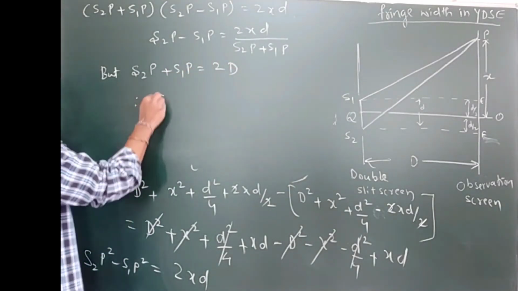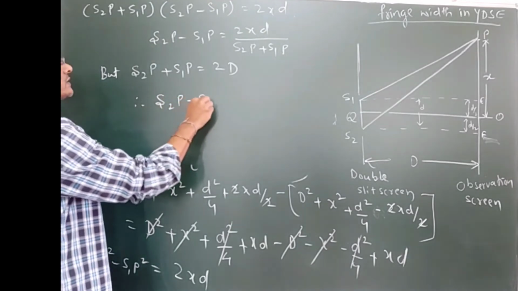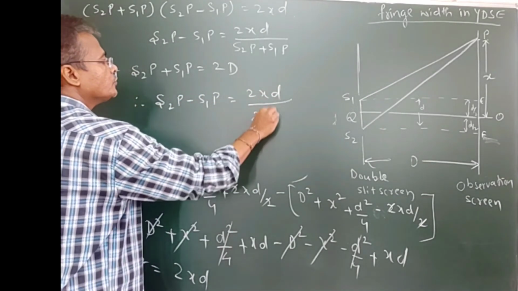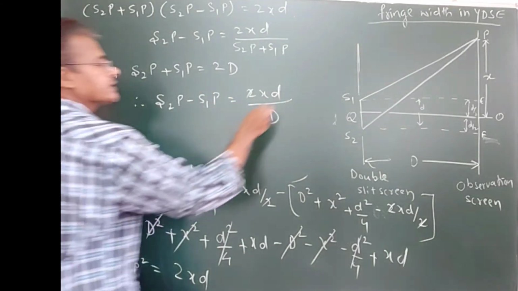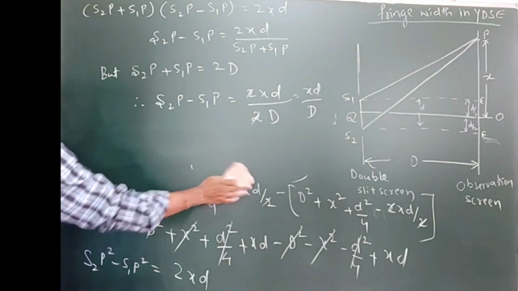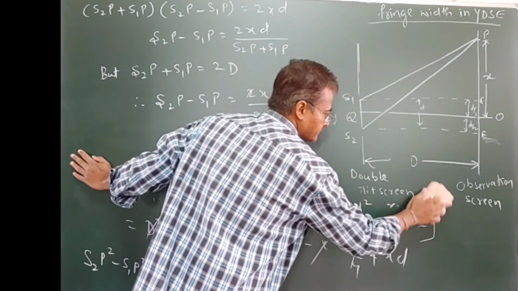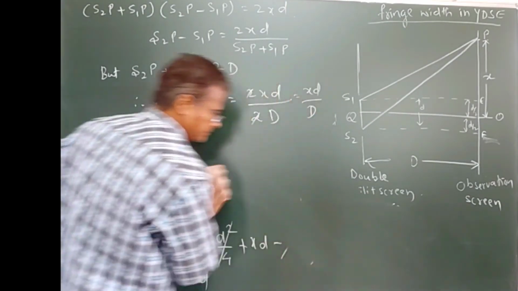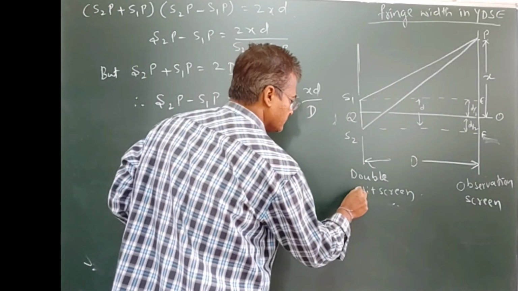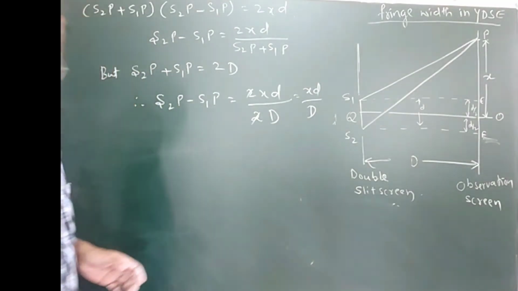Therefore S2P minus S1P equals 2xd divided by 2D. This gets cancelled. This is xd divided by D.